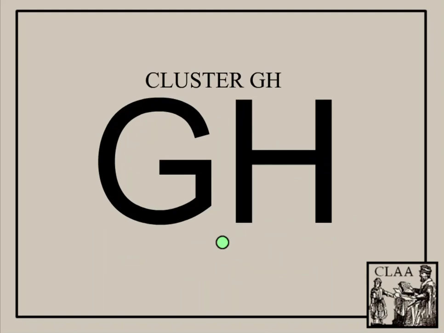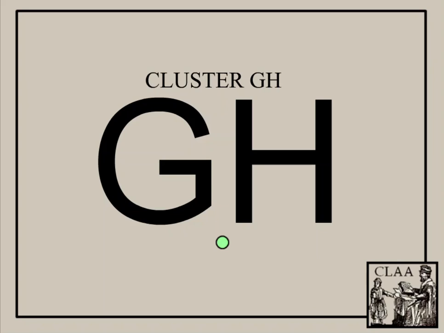With the cluster GH, in Middle English, this was read as g. But in modern English, this cluster can be read in many different ways. You'll see it with all different sounds in modern English. Sometimes it will be silent.